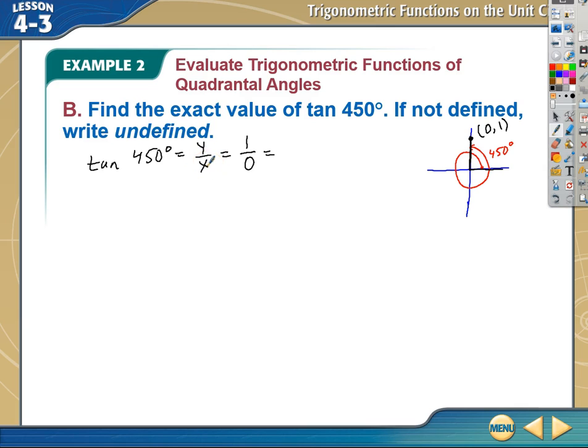Look at the first slide, or the very top of your front page. That's where I got it from. Okay, 1 over 0. Wait, can I divide by 0? No, so that means I am undefined. Hopefully you can see how these examples are working and how I'm doing them. I'm taking the information and just building it one step at a time.